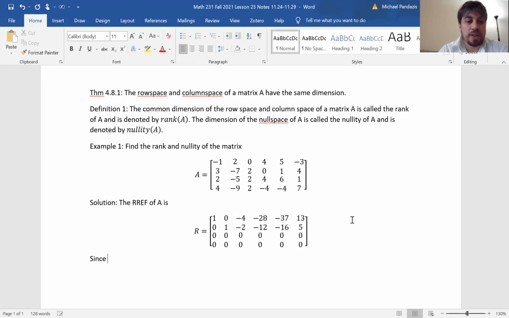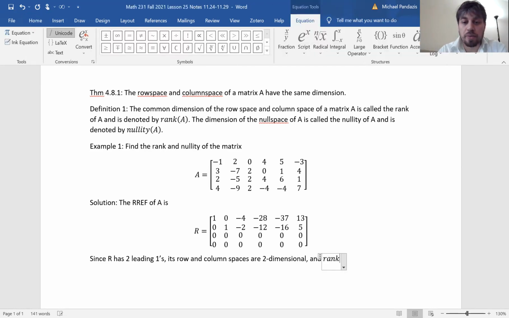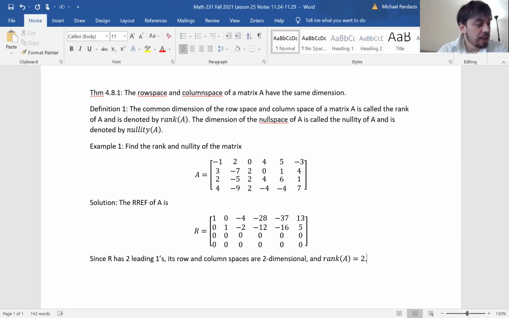Since R has 2 leading ones, its row and column spaces are 2-dimensional. And the rank of the matrix A is equal to 2.